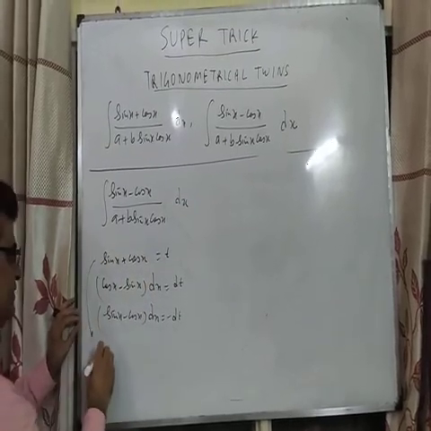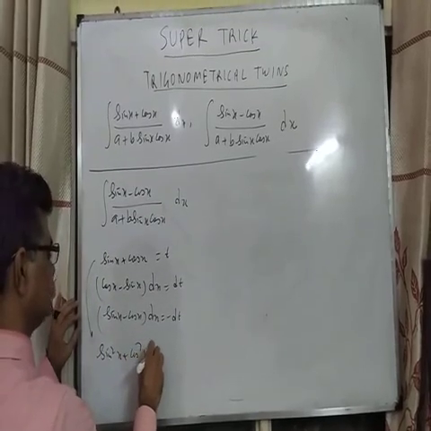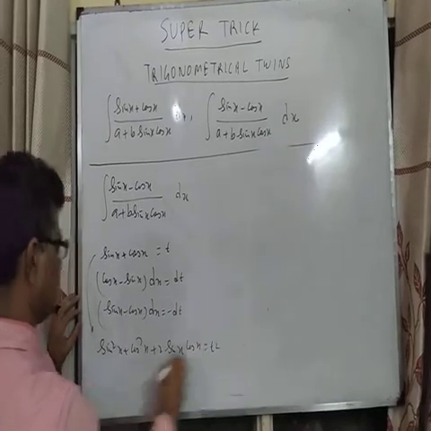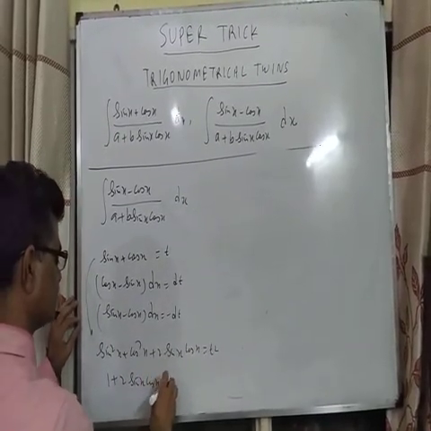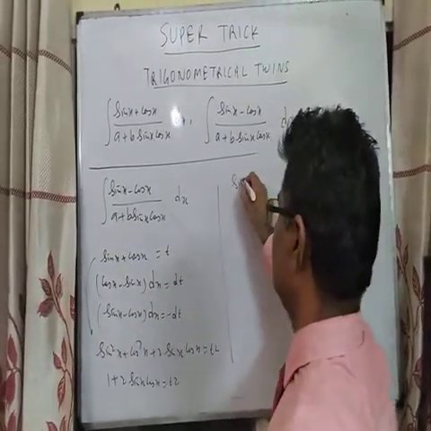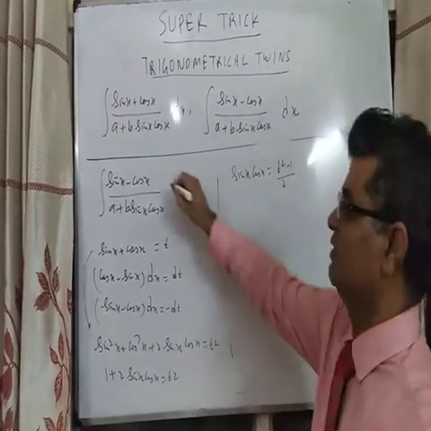Again we are squaring it. Sin square x plus cos square x plus 2 sin x cos x equals t square. So 1 plus twice of sin x cos x equals t square. So we can write sin x cos x equals t square minus 1 by 2. Now put it here.